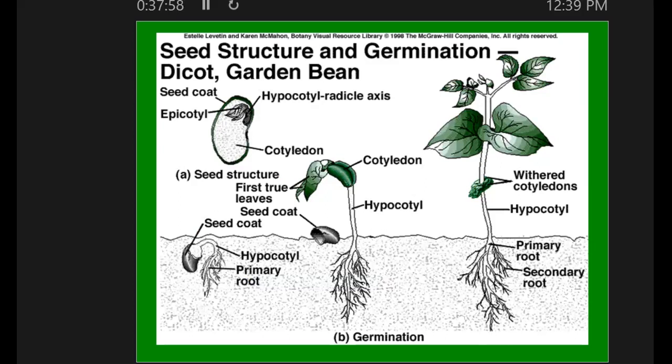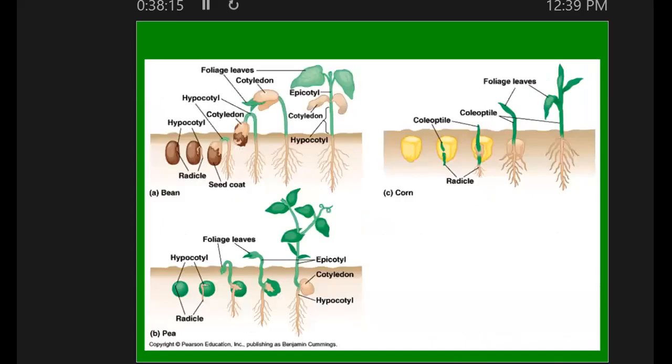And then one way or another it wants to get that seed out somewhere else, away from the mother plant, where hopefully the seed will then germinate and grow. And here you're seeing different strategies of germination. Sometimes the cotyledons come above ground and other times they won't. But again, it's just different strategies of how the seed will germinate and grow.